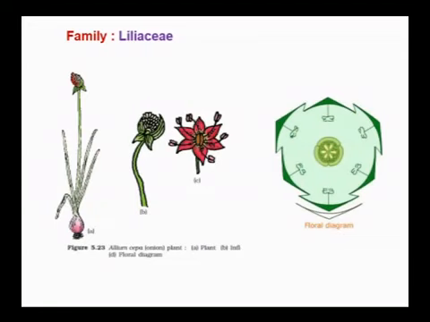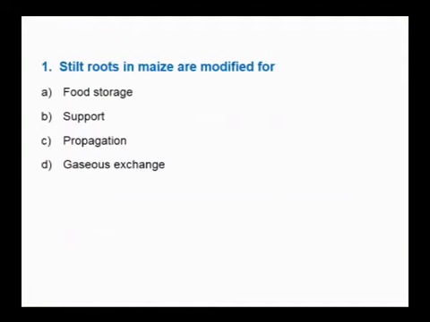They are not distinct, so we call it perianth. The members of the perianth are called tepals and they are arranged as 3+3. The androecium has stamens attached to the tepals, so it is called epiphyllous condition. Tricarpellary condition in the ovary with axile placentation.